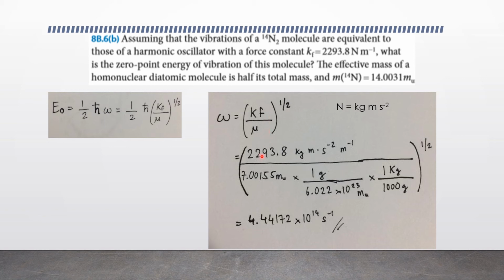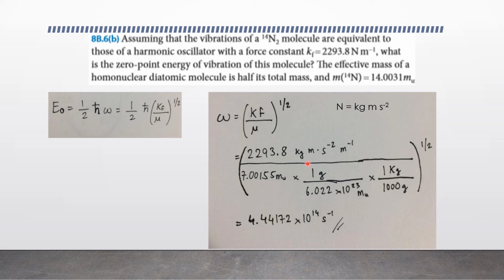So the force constant is given here, which is 2293.8 Newton per meter. And Newton can be written as kilogram meter per second squared. So in order for the cancellation of units, we'll be using kilogram meter per second squared. And substituting the reduced mass that we solved earlier, which is 7.00155 atomic mass units.